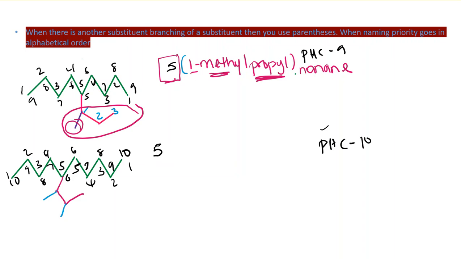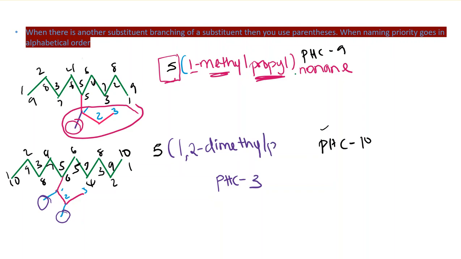So from carbon number 5, we have a 3-carbon chain. 1, 2, 3. And on the 3-carbon chain, we have 2 methyl branching off. So from carbon number 5, we have a propyl. The pHC of the substituent is 3, so propyl. And we have a 1,2-dimethyl propyl.